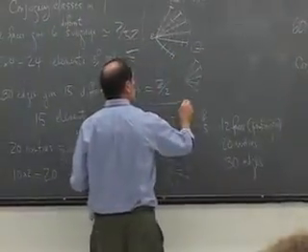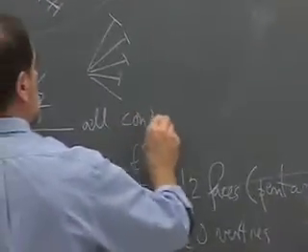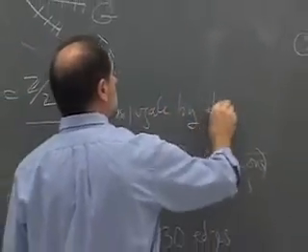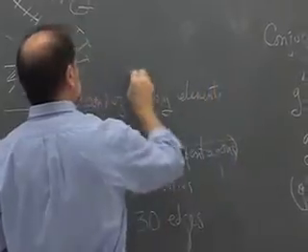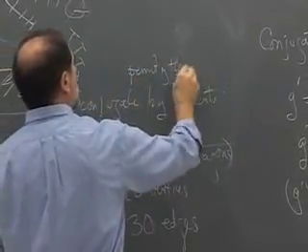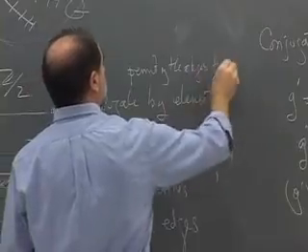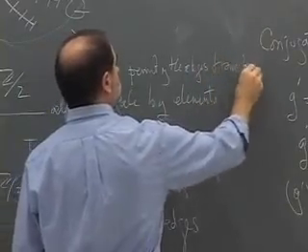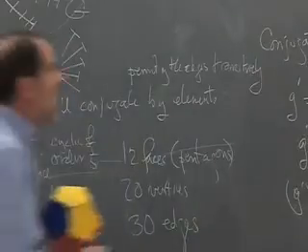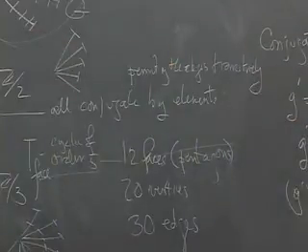So these are all conjugate by elements permuting the edges transitively. I'm going to write that out for you. So here, let's write it out. Why is that conjugate?